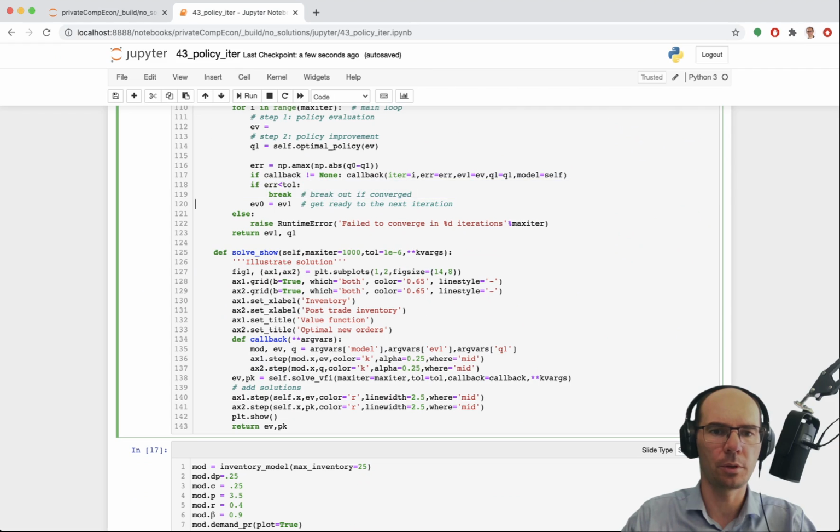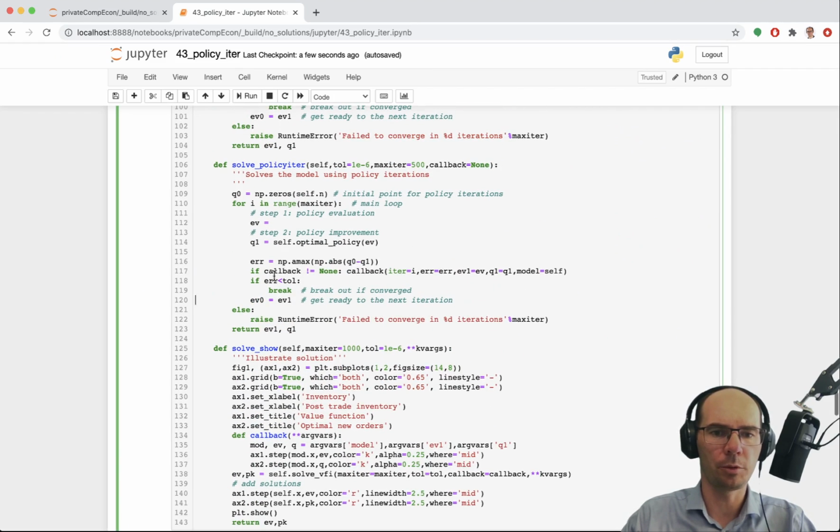So then the convergence, and this is preparing for the next step. Here we have to say Q0 equals Q1 and return EV and Q1. Well, not the EV though, right?